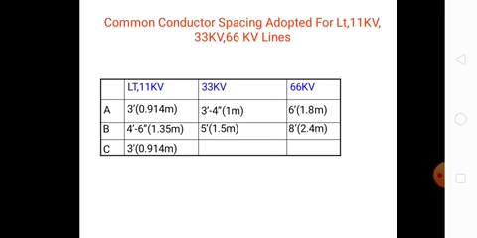Here C is the extra line voltage, that is 66 kV. The conductor to conductor insulator spacing is 0.914 meters, 1.05 meters and 1.8 meters. And for the HT lines from 66 kV to 400 kV, the conductor spacing depends upon the configuration of the conductors.